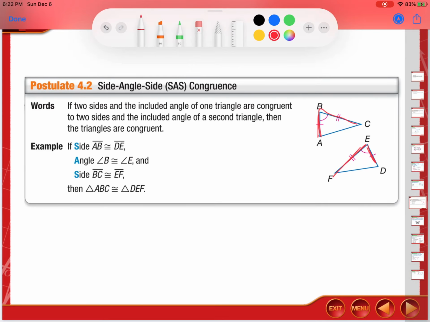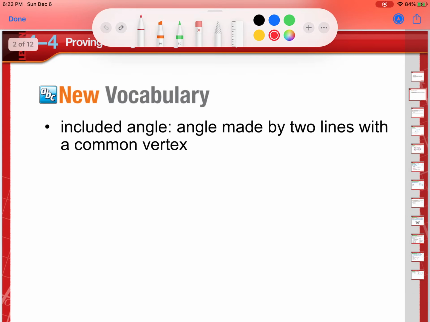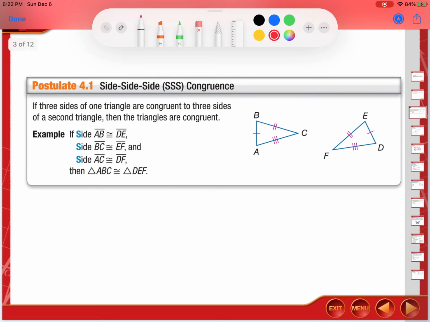So essentially, like these triangles here, we have ED congruent to AB, and EF congruent to BC, and then this included angle here is also congruent. So therefore, the triangles themselves are congruent. We'll get into that more in a little bit, but I just wanted to give you some context for what an included angle is.